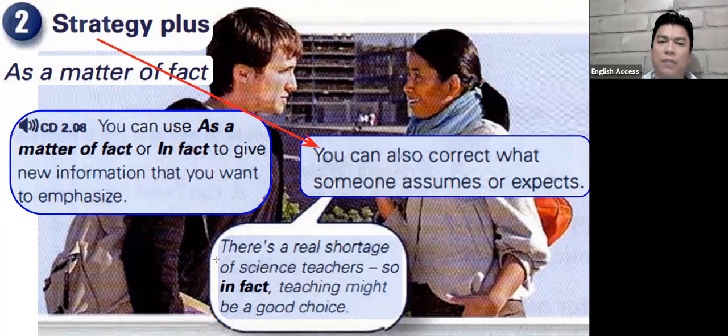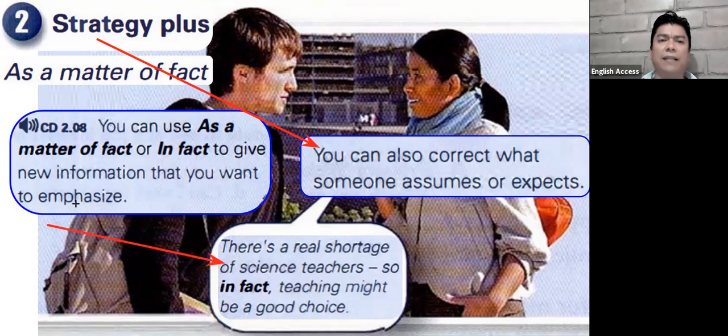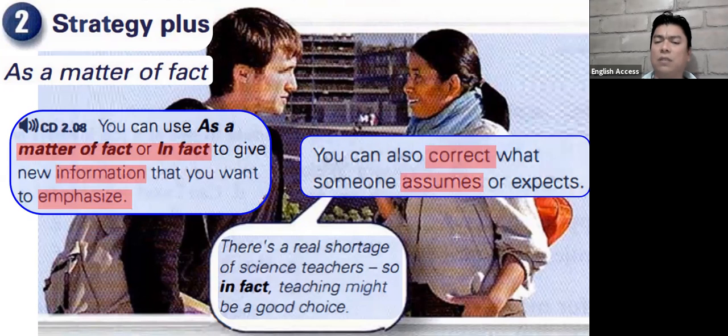There's a real shortage of science teachers, so in fact, teaching might be a good choice. Great, so here we have what these expressions mean. Matter of fact or in fact is information emphasized or correct assumptions.